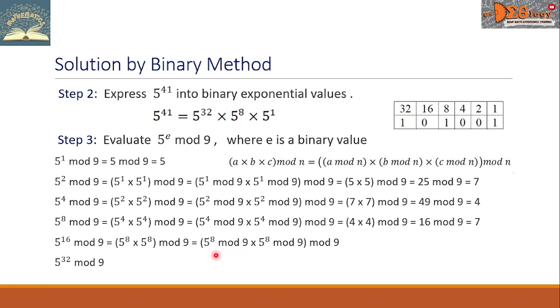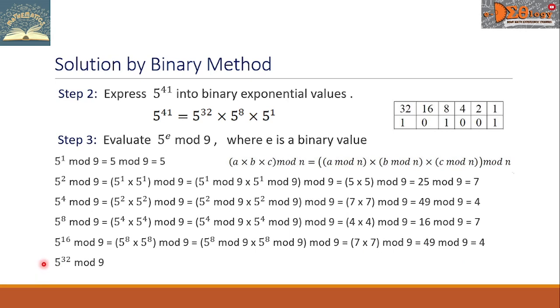We can get the value of this 5 raised to 8 mod 9 from the previous step. The value is 7. Substituting the value 7 respectively, we have now 7 times 7 mod 9. The product of 7 times 7 is 49 mod 9, and we simplify this into 4.